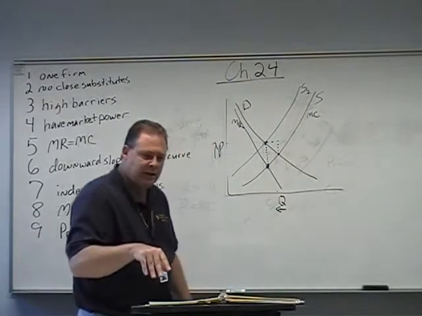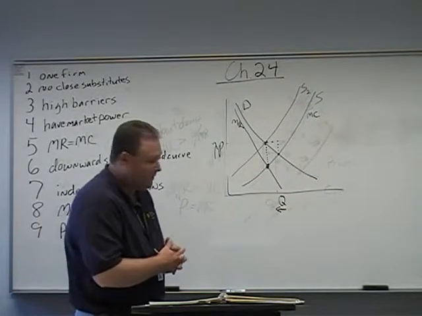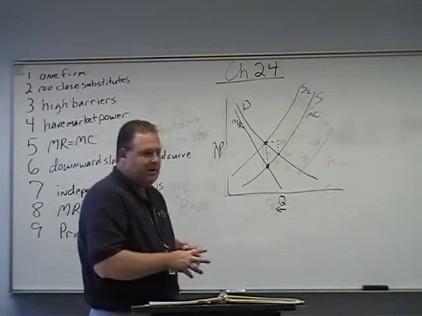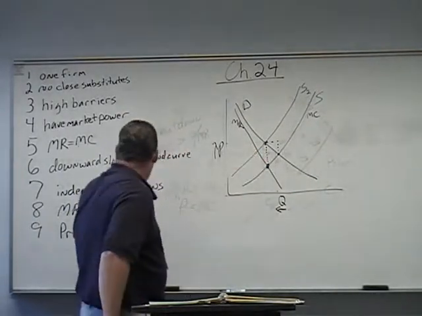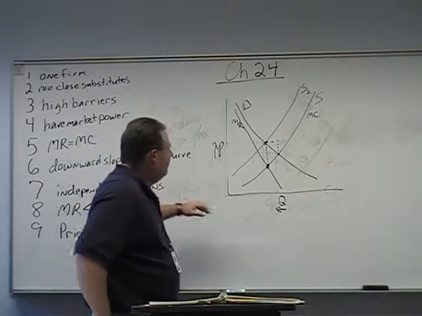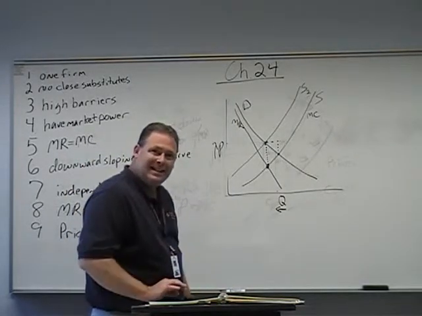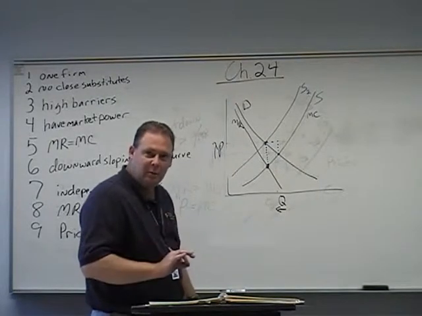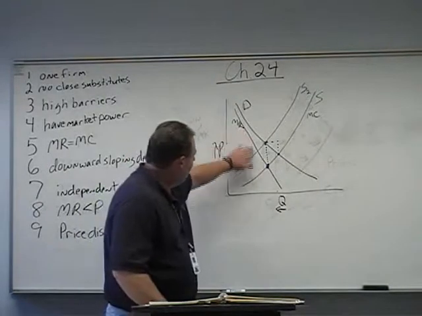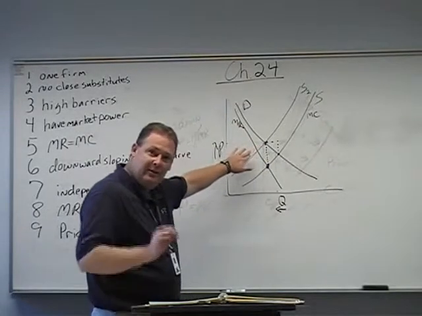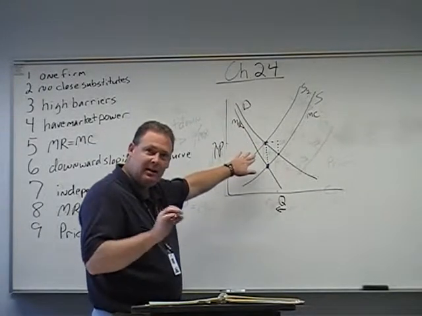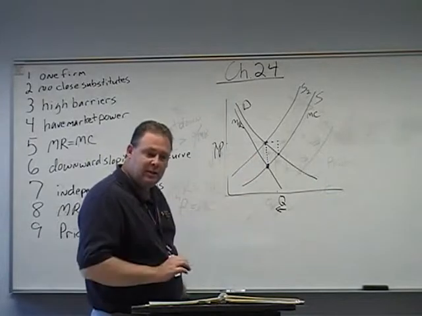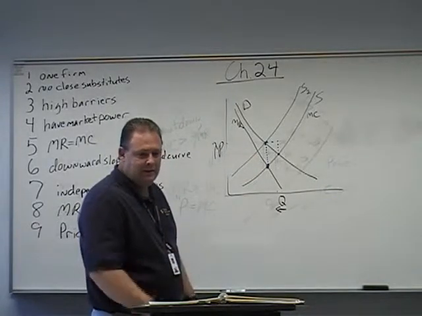There's a couple of other things that are there for a monopoly that we need to be focused on. This is their profit maximizing rule, where MR equals MC. But because price is greater than their marginal revenue, MR is down here. The behavior you'll see in monopolies is a cut in supply with an increase in price.